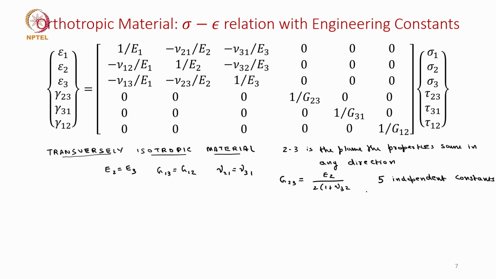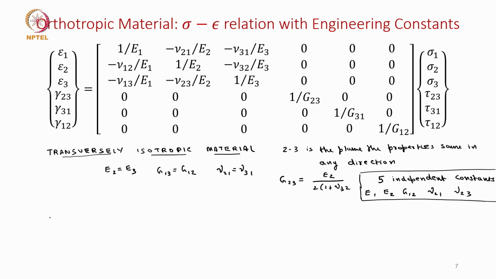And these can be written as E1, E2, G12, nu 21 and nu 23.